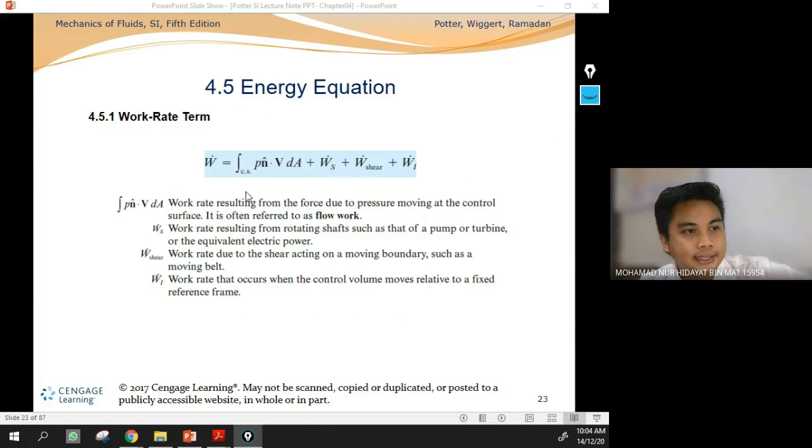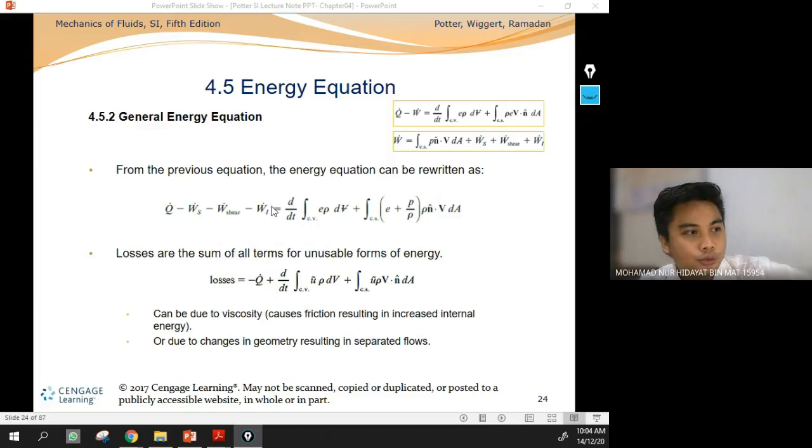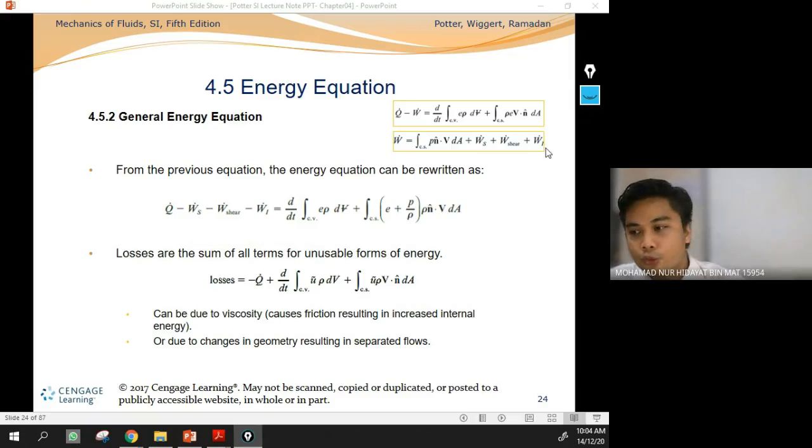So from this work, they substitute W dot into this equation. Remember, we have the RTT equation, Reynolds transport theorem, Q dot minus W dot. They replace W dot with this total work. We have 4 components: the flow work, the shaft work, the shear work, and the work due to the motion of the reference frame.